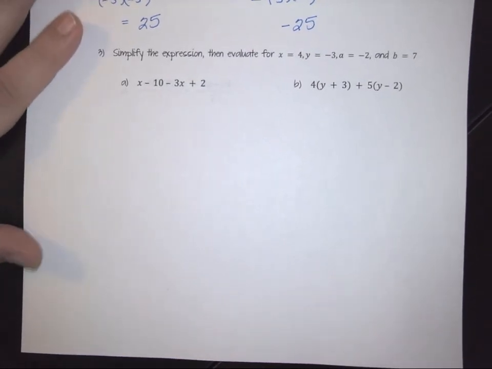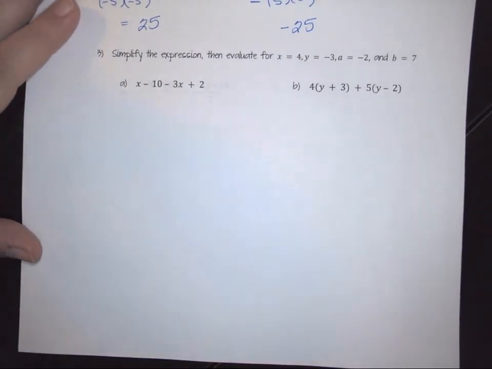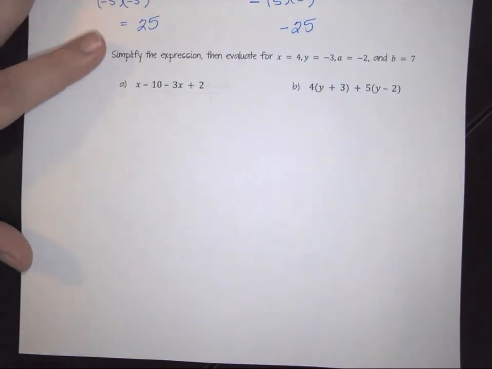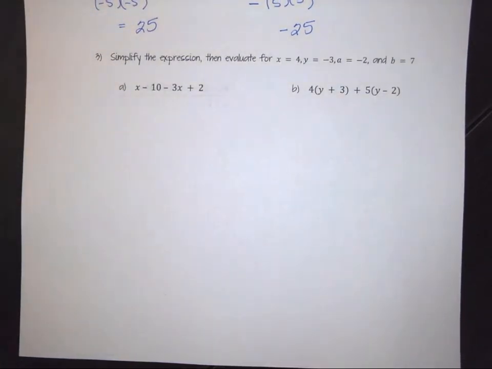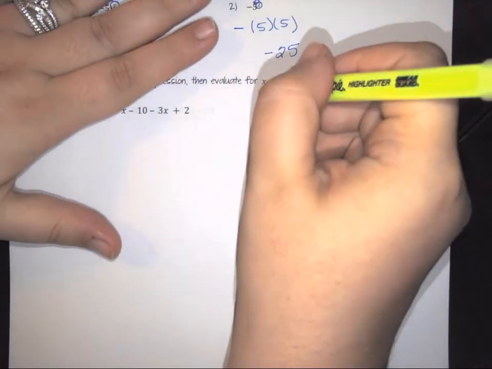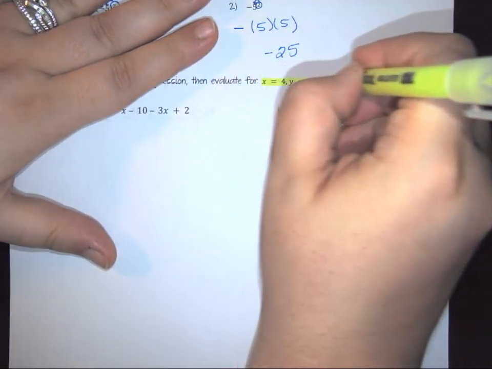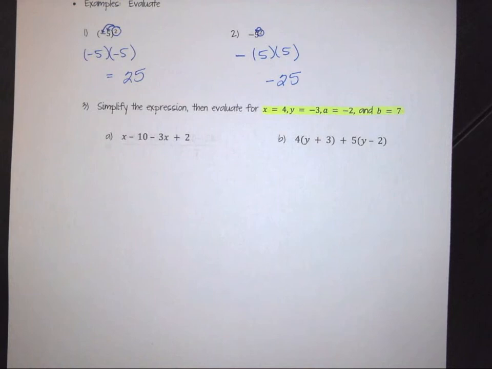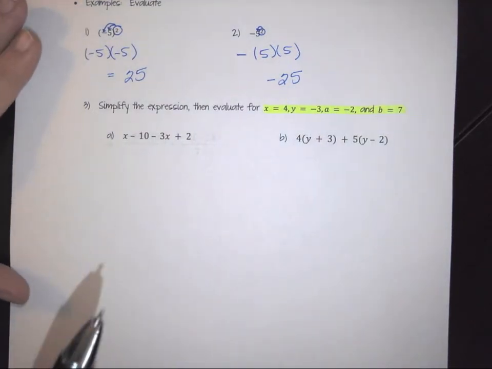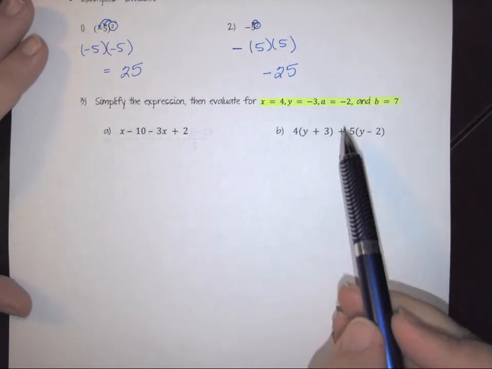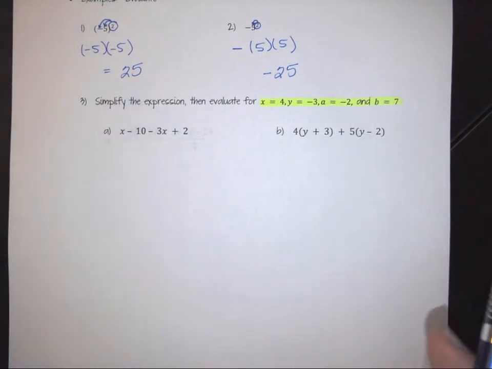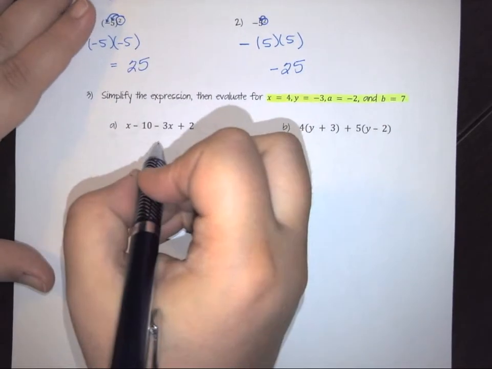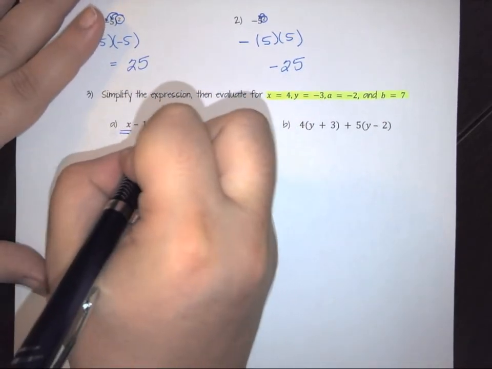The other approach that we have is being asked to evaluate, and then you're told that you have values for your variables. So here we're telling you that we want you to simplify the expression at hand and then plug in the different values we have for the different variables. So the first thing I need to do is group my terms together.